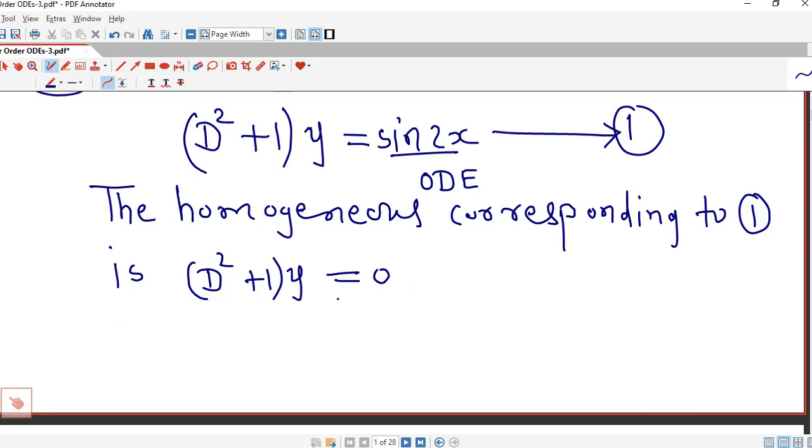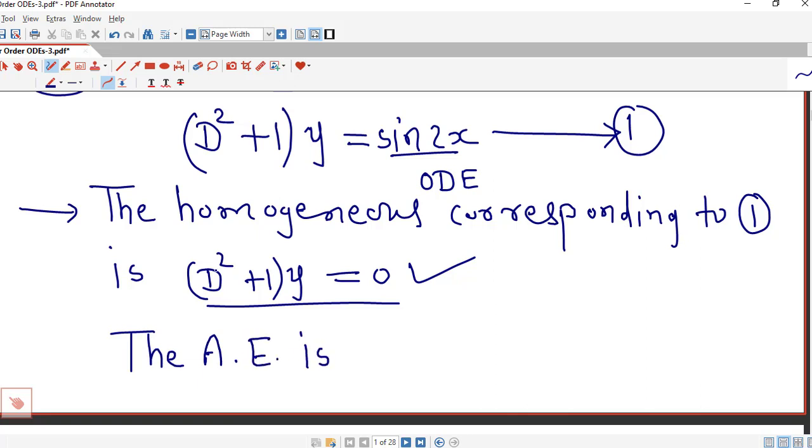We find the general solution of this equation, which is nothing but the complementary function of the given equation. For solving this equation, we first write down the auxiliary equation, for which we replace D by lambda. So we have lambda square plus 1 equal to 0, and if we solve this, we have lambda square equal to minus 1.